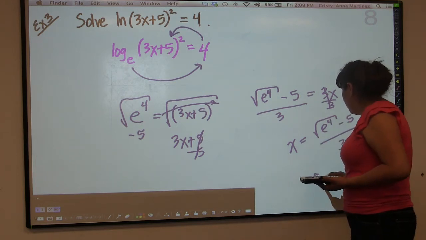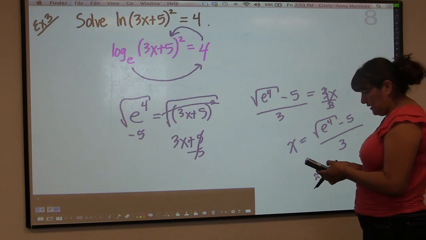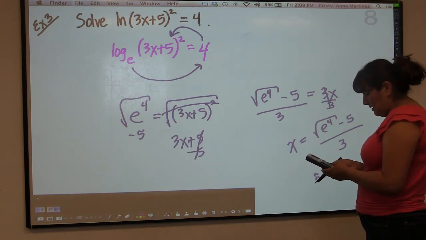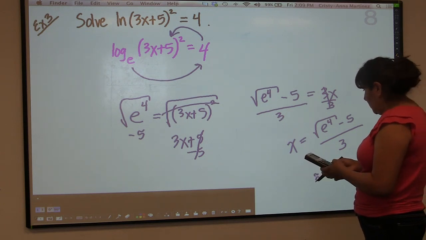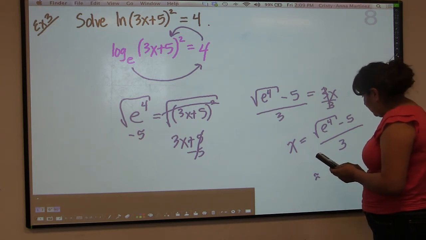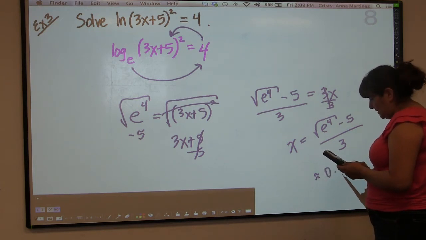But then if you want an approximate answer, I'm going to go to the calculator, second square root. I'll use the second ln button to get the e to the fourth power. And then I'm going to subtract 5 from that, and then I'm going to divide by 3, and I'm going to get 0.7964.